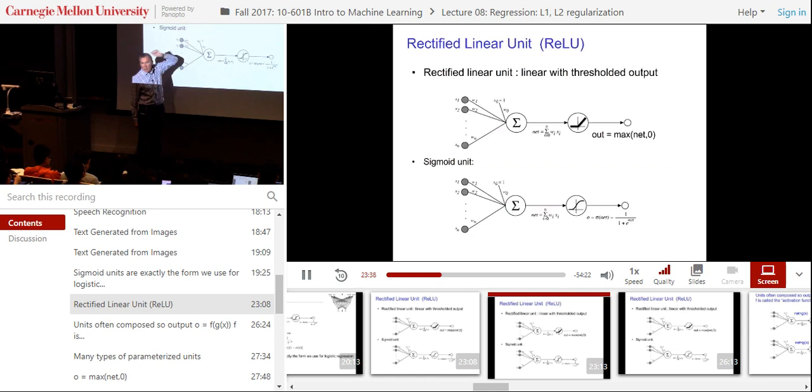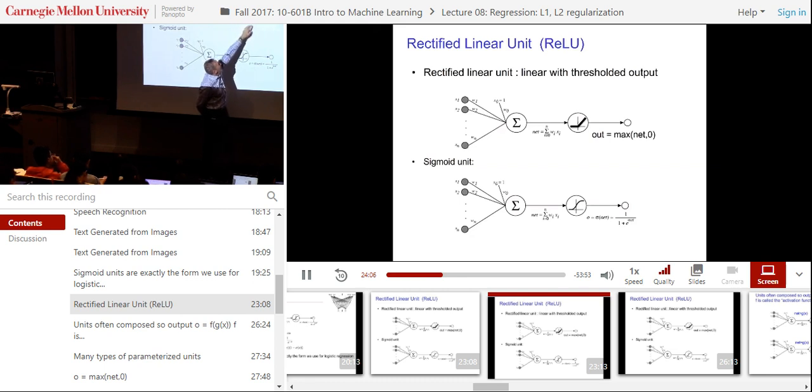Again, it takes its inputs and has some weighted linear combination of them. But instead of passing that through a smooth sigmoid, it passes it through this very simple nonlinear activation function. We often call the second half of these units the activation function.